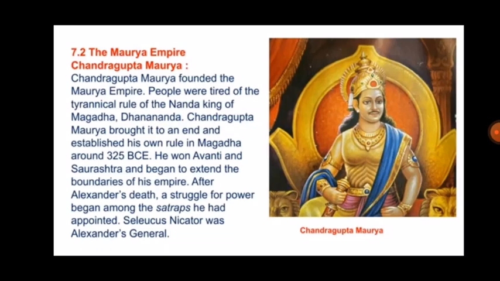So Chandragupta Maurya decided to bring it to an end and established his own rule in Magadha around 325 BC.